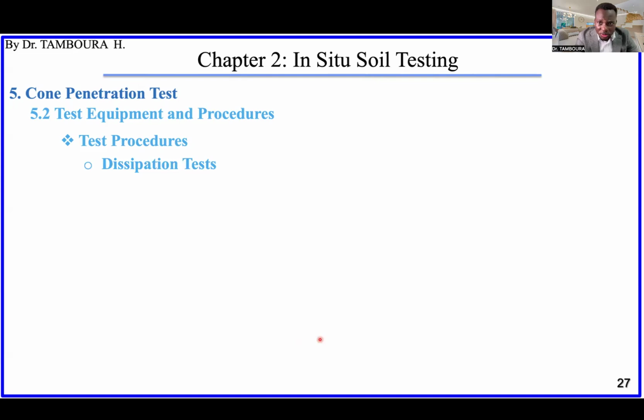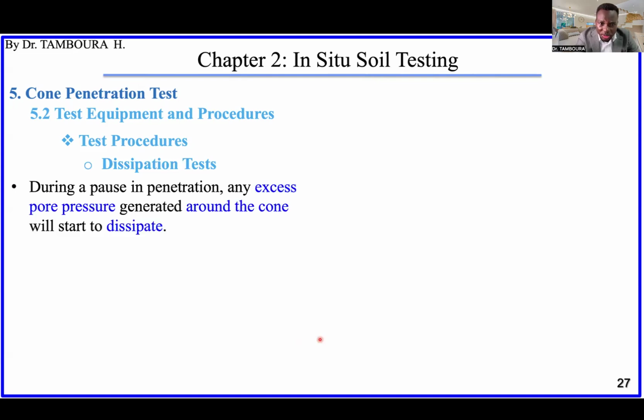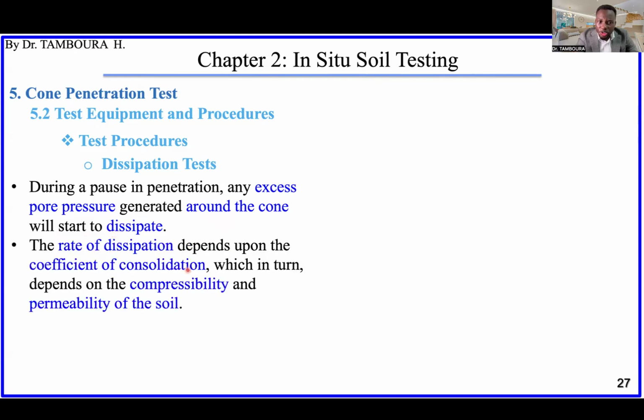Dissipation test. What is a dissipation test? This is about the excess pore pressure. During a pause in penetration, any excess pore pressure generated around the cone will start to dissipate. The rate of dissipation depends on several factors.